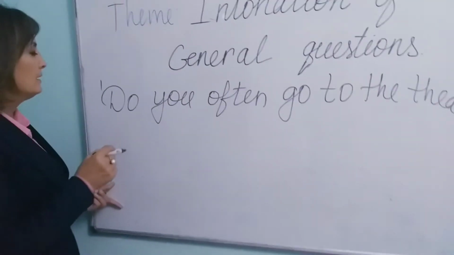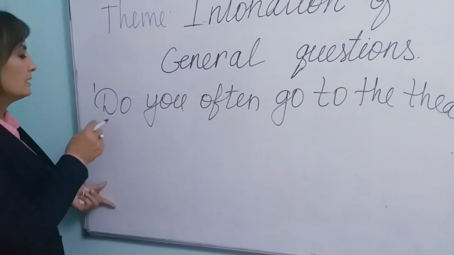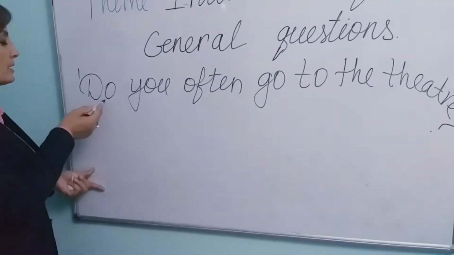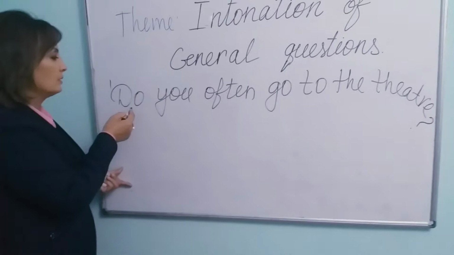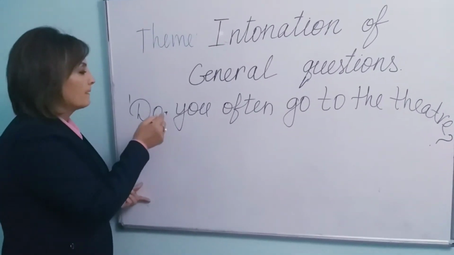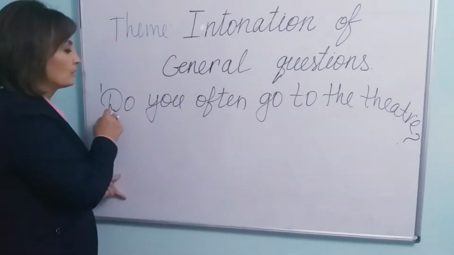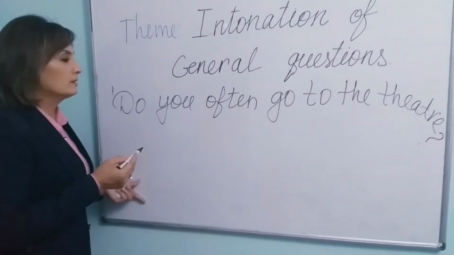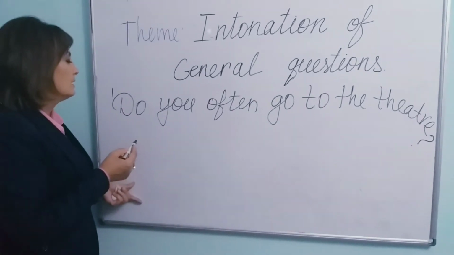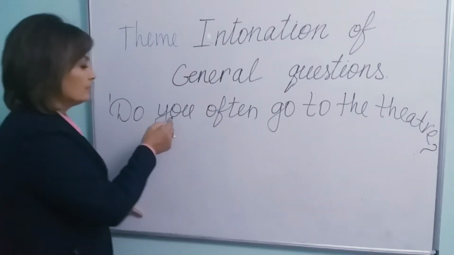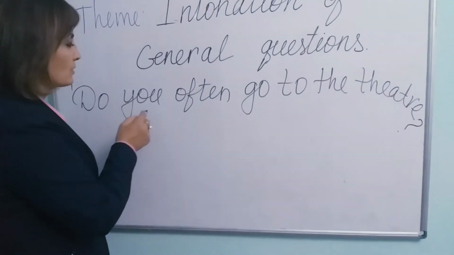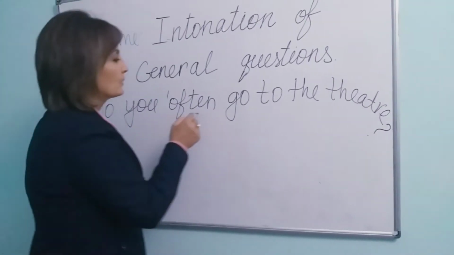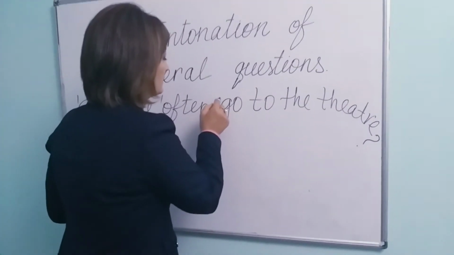Here, "do" is an auxiliary verb, and in spite of that, it takes stress here as it is coming in initial position in a sentence. But when auxiliary or modal verbs come in middle or final position, according to normal sentence stress, they are usually unstressed. "You" is also included in structure words, so it's unstressed. As for "often", it is stressed. An adverb is a content word and it takes stress.